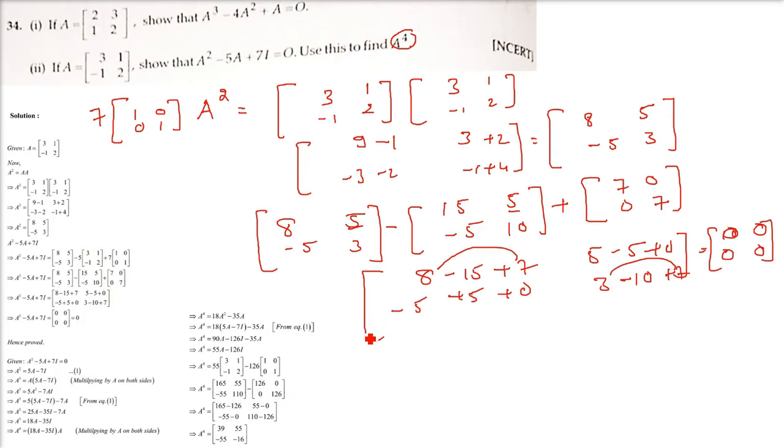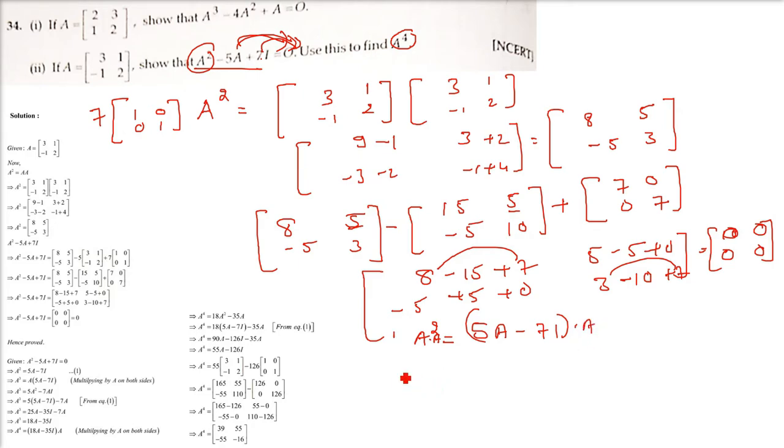So now we'll find out a to the power 4. A square is already with us. From this equation, I am taking 5a and 7i on the right hand side. So a square will be 5a minus 7i. Right? So let us do a cube, that is multiply this with a matrix dot a.